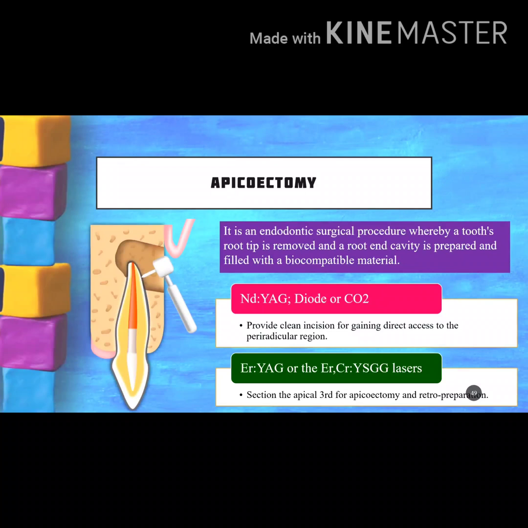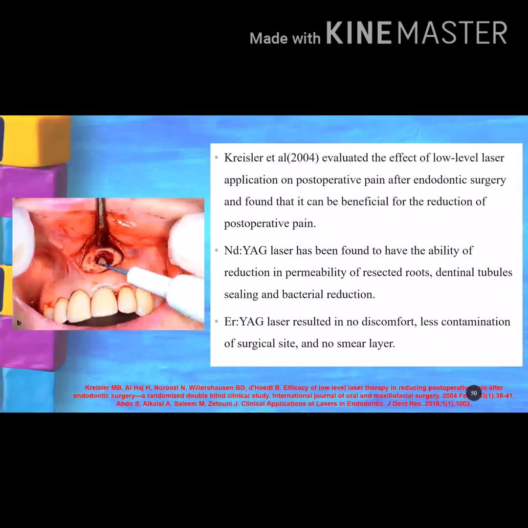In that, Nd:YAG, diode and carbon dioxide lasers can be used to provide a clean incision for gaining direct access to the periapical, periradicular region, and Er:YAG and Er,Cr:YSGG lasers can be used for the sectioning of the apical third.